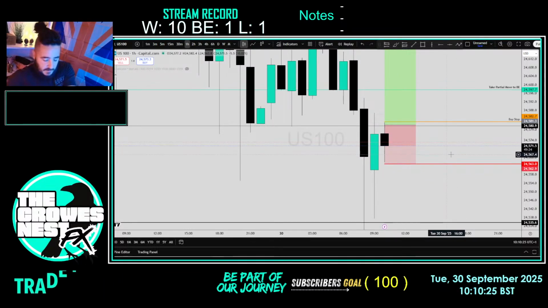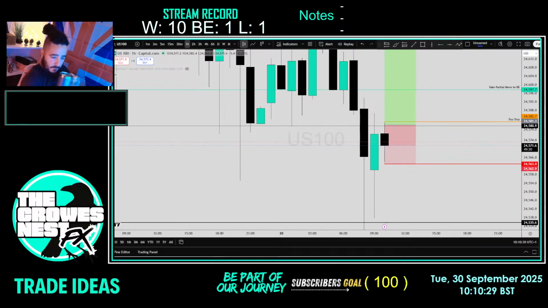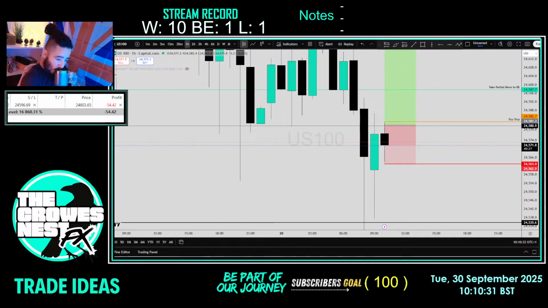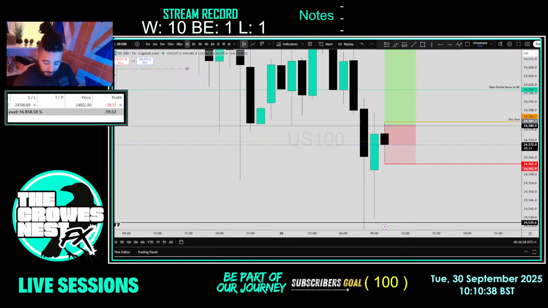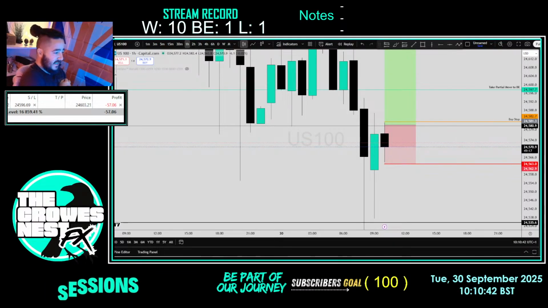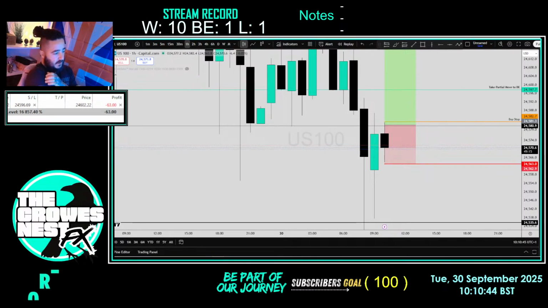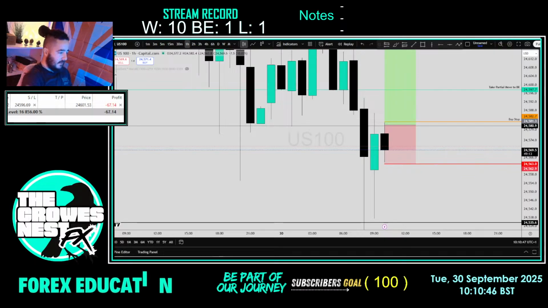On this 15, can this 15 flip to the upside? Oh. Where have you put your TP1? My TP1's 24597. Oh, this could be stops hit here, guys. Could be stops hit here.